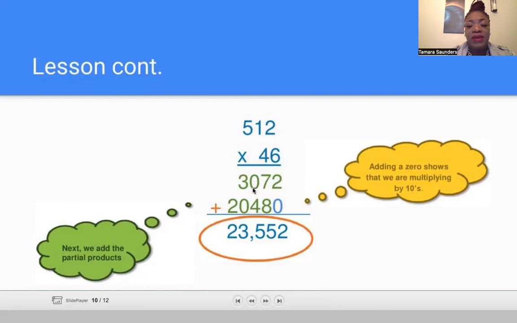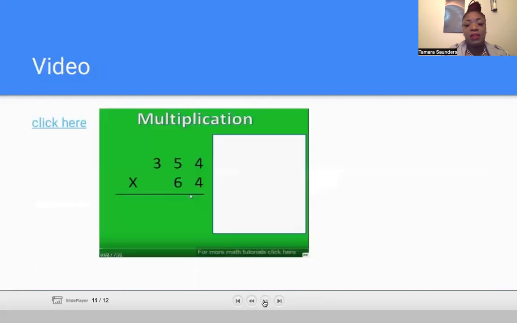I put down the 5, carry the 1. 0 plus 4 gives me 4, plus that 1 that we carried is 5. 3 plus 0 is 3. And then we have nothing to add to 2, and we just have 2. And so we get 23,552 as our product.